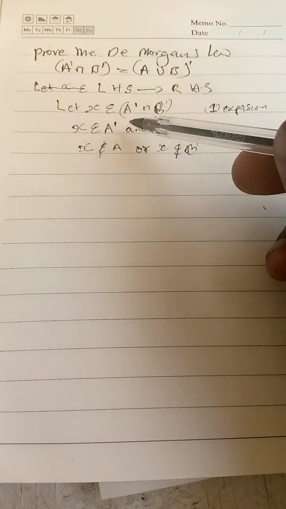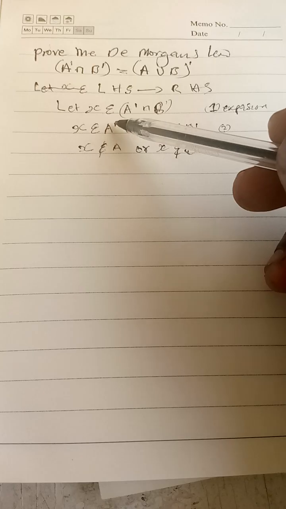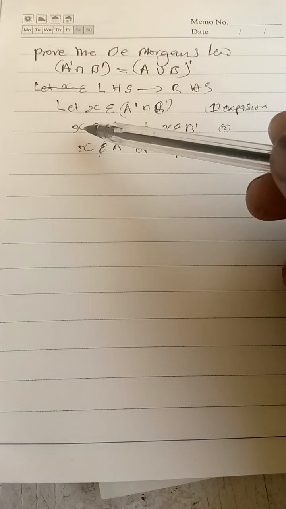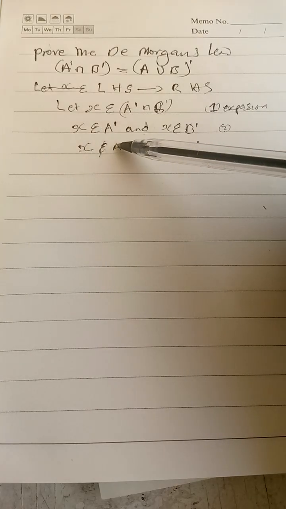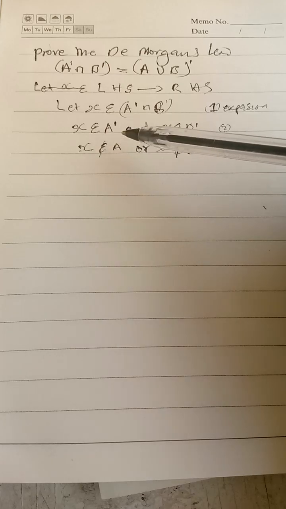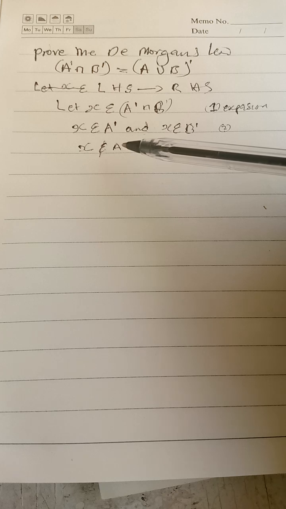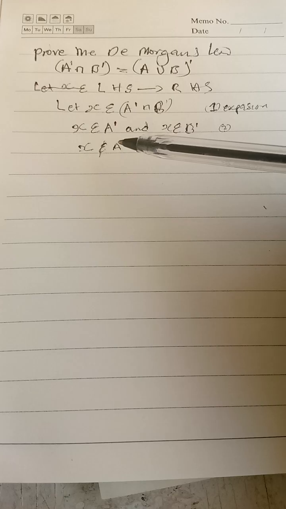So we have x is a member of A complement, and x is a member of B complement. If x is a member of A complement, it cannot be a member of A without a complement. Understand that. If you are a member of CBU, you cannot be a member of UNZA.